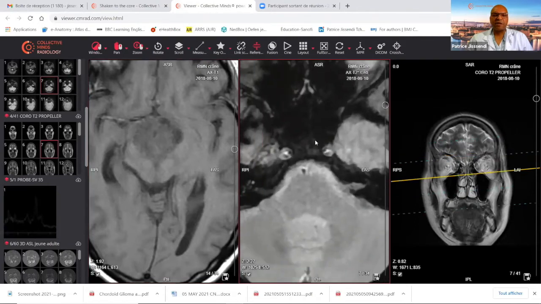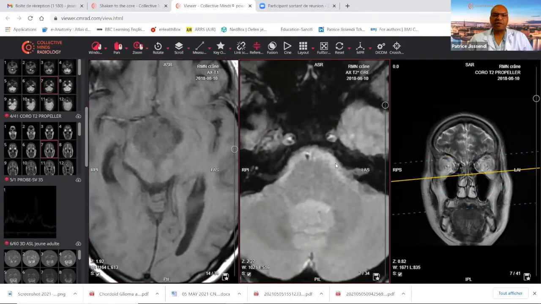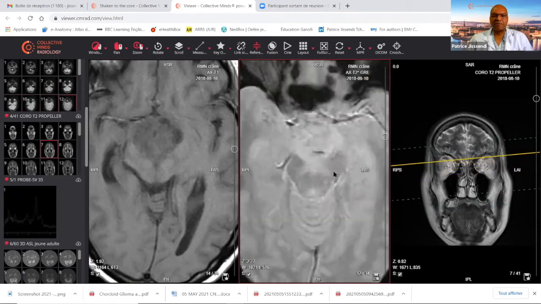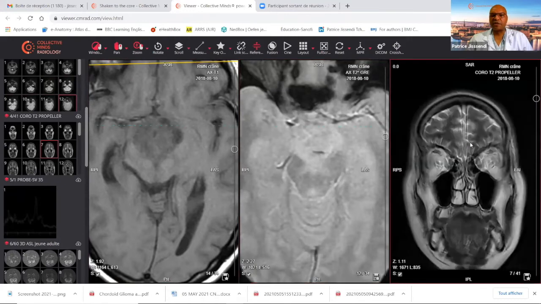And maybe one would expect to see some dark signal in that area. And this is what happens. We have a dark signal here, but it looks a little bit smaller than what we saw on the head CT.